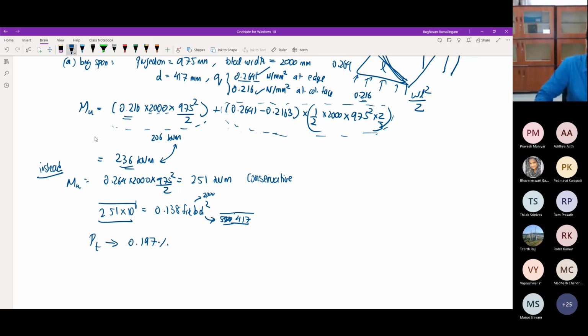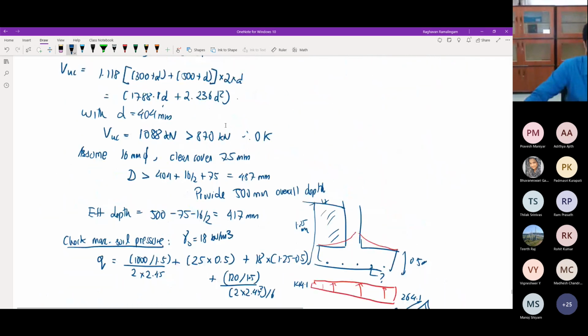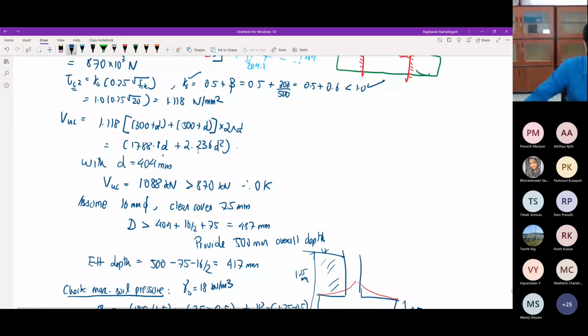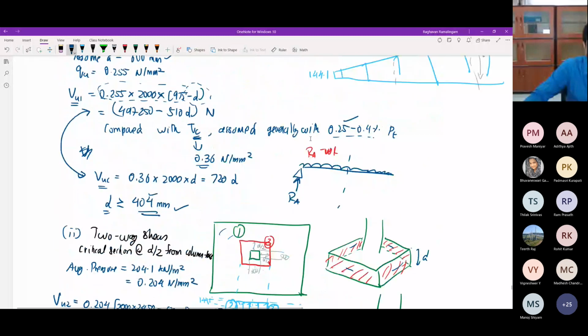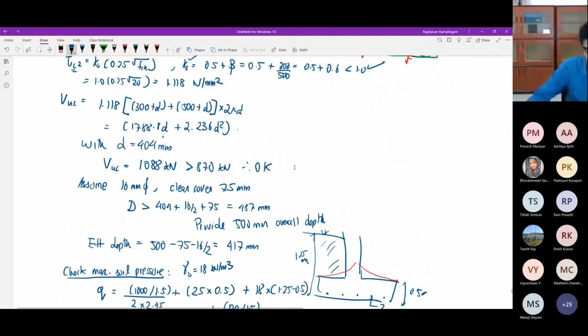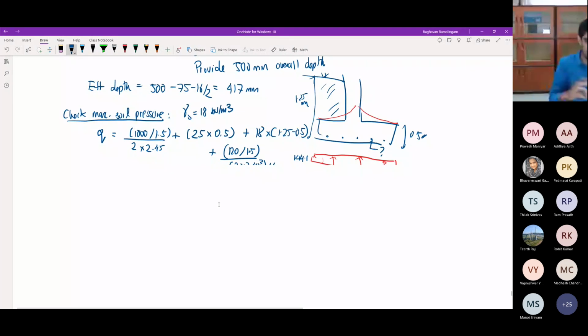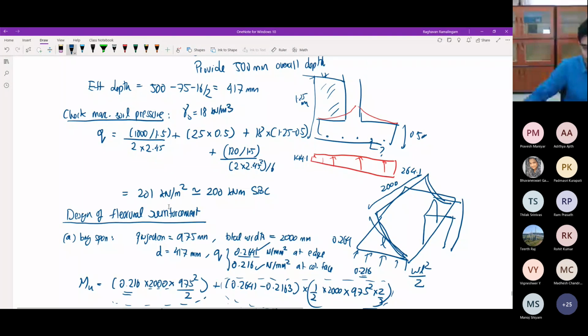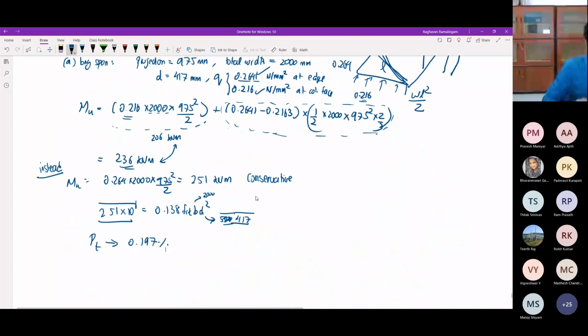Initially we assumed we may get a reinforcement of 0.25%. We ended up getting 0.197, which is lesser than what we assumed, so it's okay and we can just go ahead.